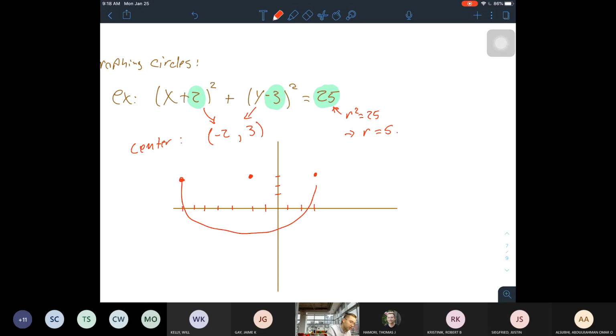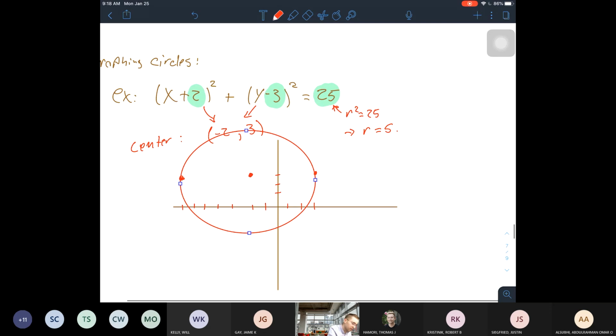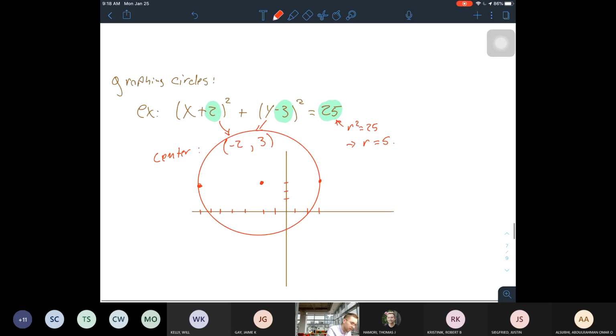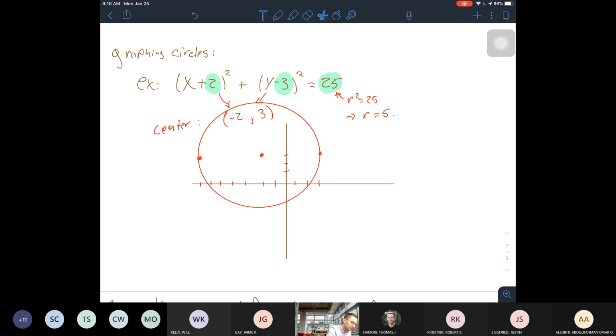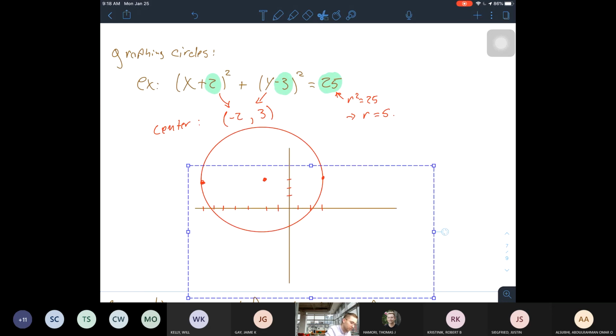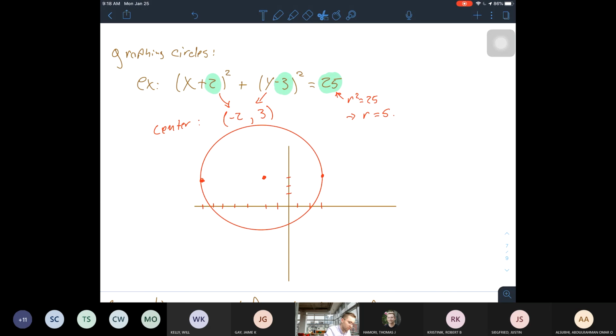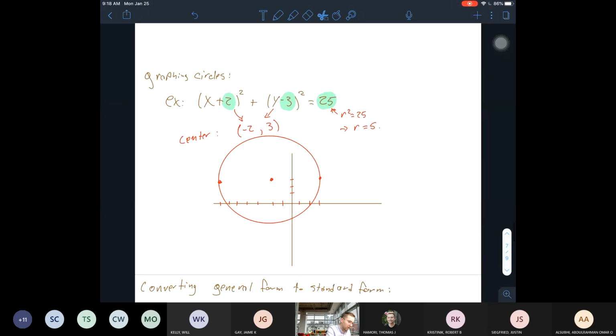And then we would just want to draw a circle. Well, that's not a very good circle, but there you go. That's better. That's what it would look like. Okay? Where this distance is 5 units.